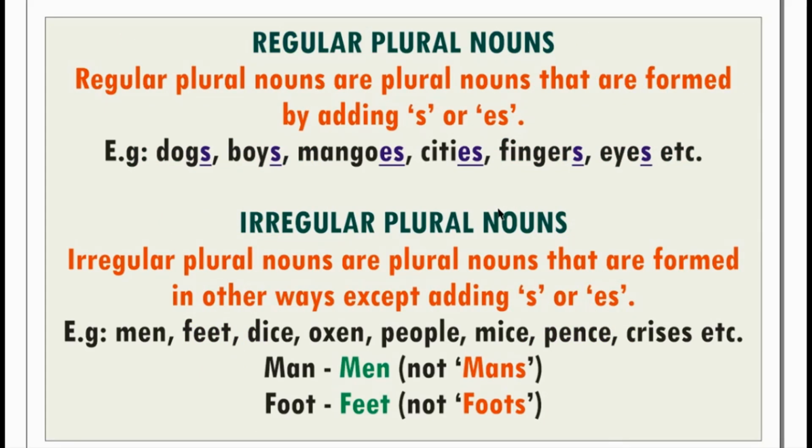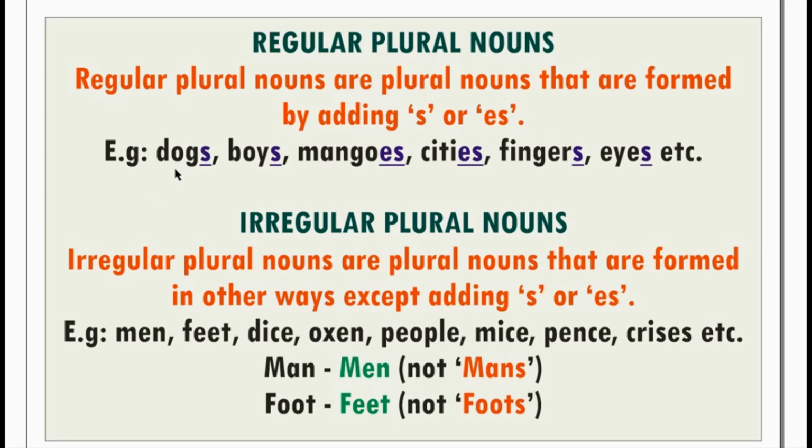Now let's talk about regular and irregular plural nouns. Regular plural nouns are plural nouns that are formed by adding s or es. So this is the simplest way to form plural. We just add only letter s. Some nouns we add letter e and letter s.